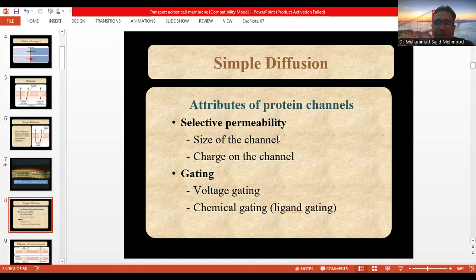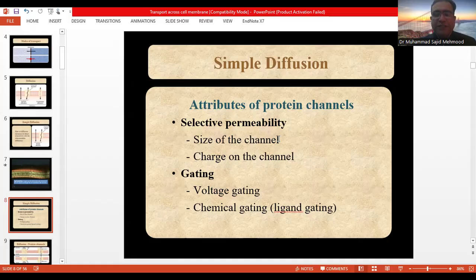The selective permeability of the protein channels for diffusion is based on the size of the channel as well as the charge on the channel. For example, if the size of the channel is smaller as compared to the particle which has to pass through the cell membrane, then that particle cannot pass because of its larger size.